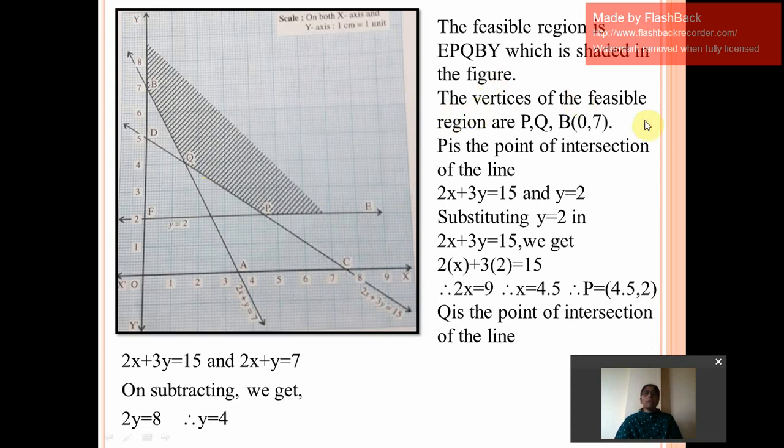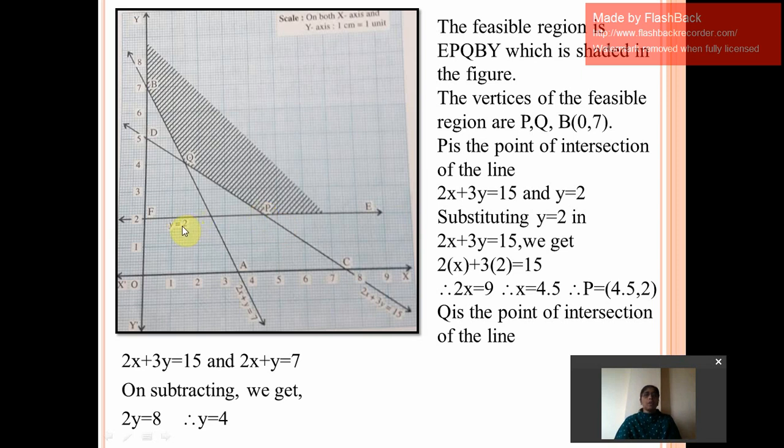The vertices of the feasible region are P, second coordinate Q, B vertices (0, 7). To find P and Q, P is the point of intersection of the line y is equal to 2 and 2x plus 3y is equal to 15.